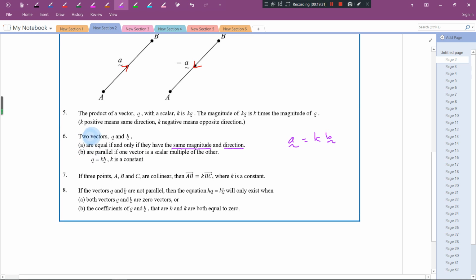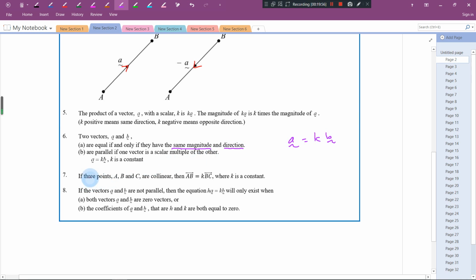Two vectors A and B are parallel if one vector is a scalar multiple of the other. So K times B is a scalar multiple, and K is a constant. If K is positive, A and B have the same direction. If K is negative, A and B have different directions, opposite directions.